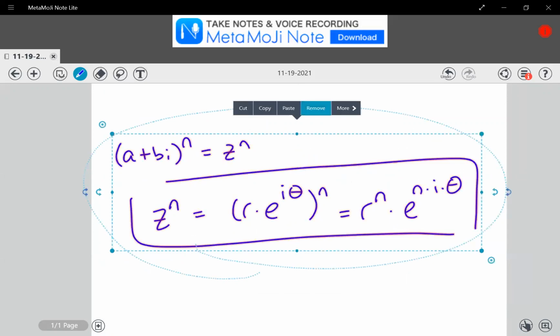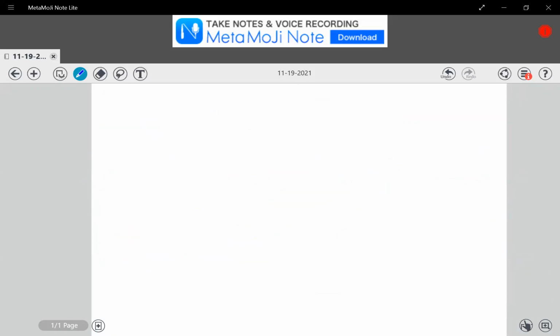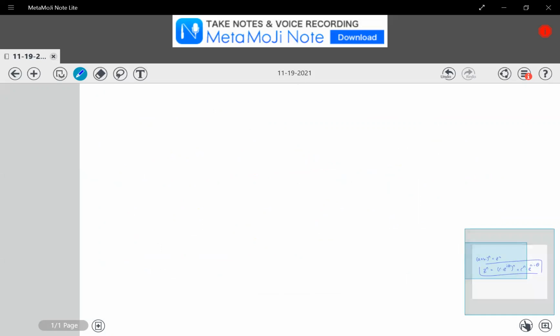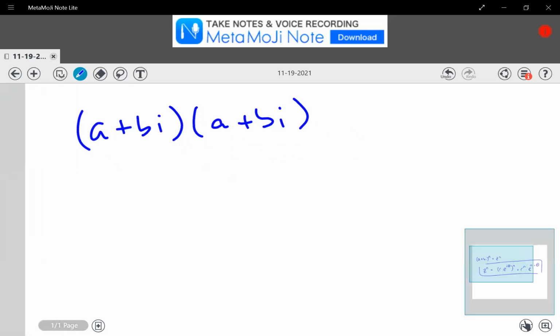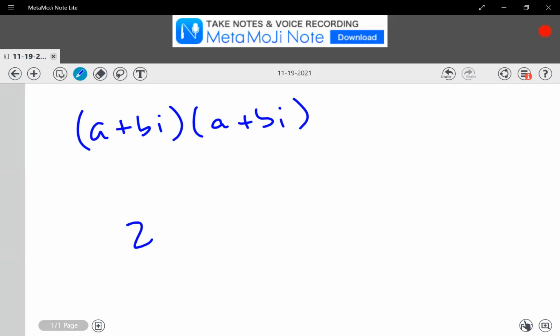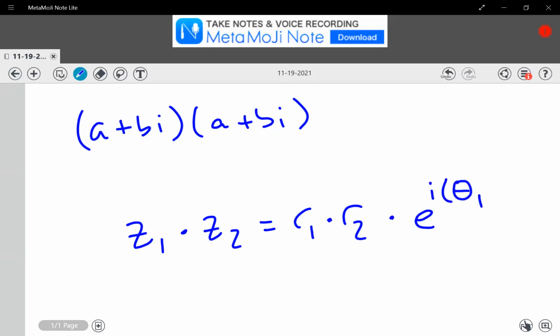Now, what if we want to multiply two things? Well, it's essentially the same idea, right? If we have A plus Bi times A minus Bi, or whatever, they're both z's, okay? z1 times z2 is going to be r1 times r2 times e to the power of i, and this time we add our two thetas.